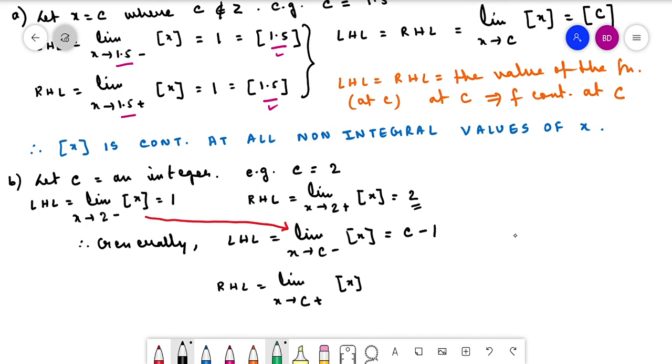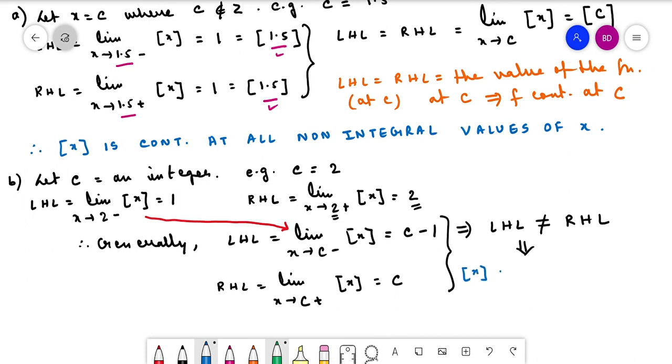If you take 3, it will be 3. So, generally speaking, this is c. So what do we see here? We see that the left hand limit and right hand limit are not equal.